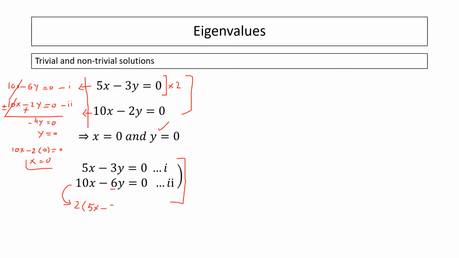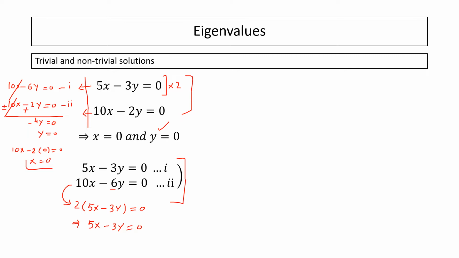And it will be 3y equal 0. And if we simplify it, it comes 5x minus 3y equals 0.